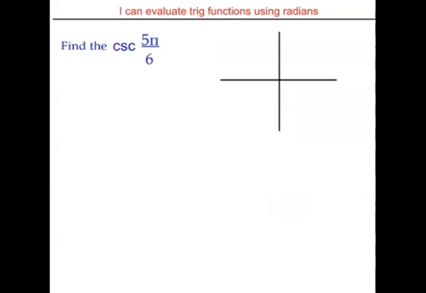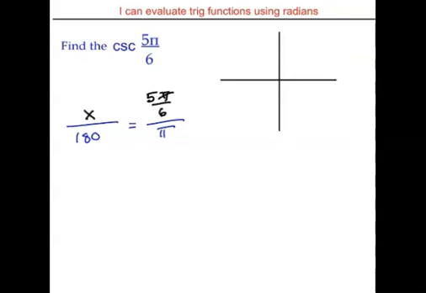Right? I'm just going to do one more like this. This time, I think I'll show you how you can do it in degrees. So remember how we convert to degrees. We're going to put this over pi. So I want to know how many degrees is equivalent to 5 pi over 6.